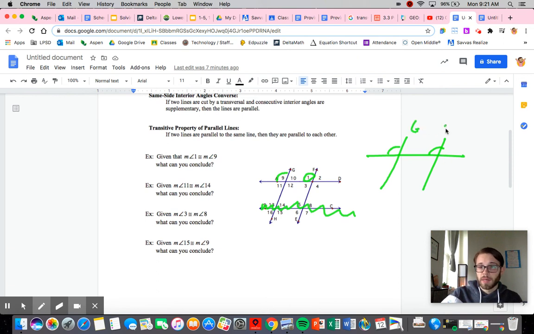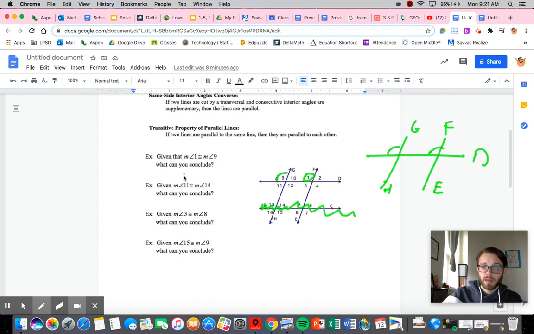G and F. I should be using names here. G, F, and D. All right, so if these two lines, they're cut by line AD, I should say. I missed the other point. But we're given that these two angles are congruent. So therefore, by the corresponding angles converse, we know that GH and line EF must be parallel.